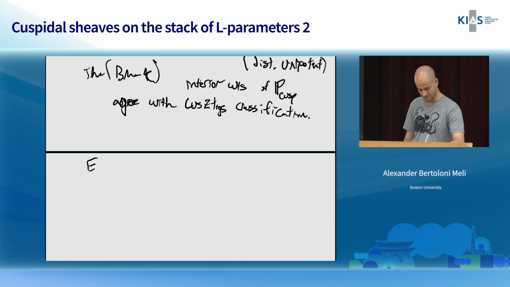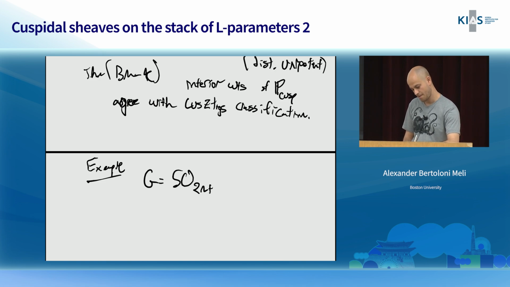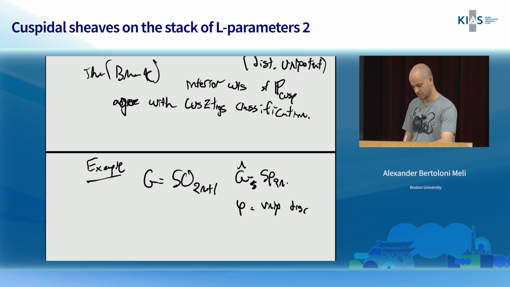And finally, I want to leave you with one last example. So if G is SO(2n+1), G hat will then be Sp(2n). And phi will be unipotent. Suppose phi is unipotent in discrete series.